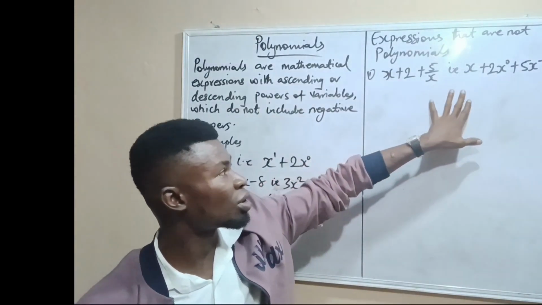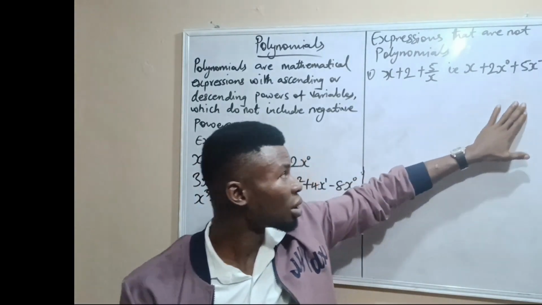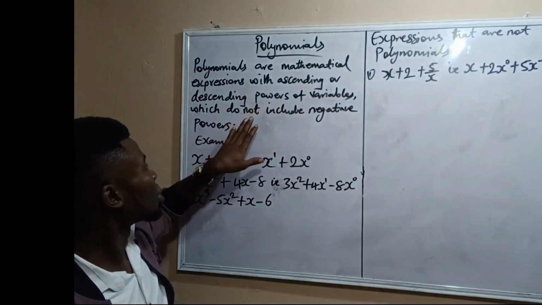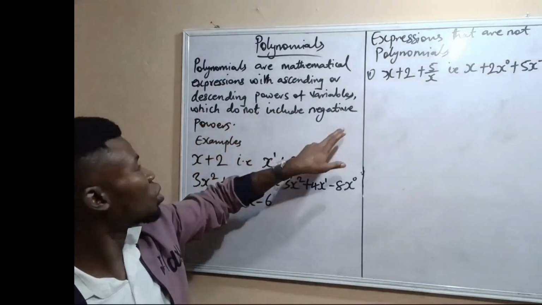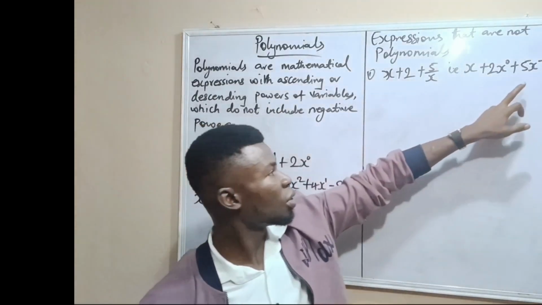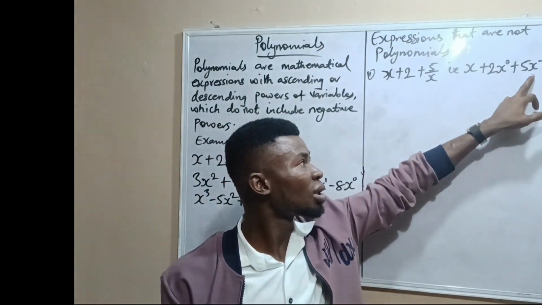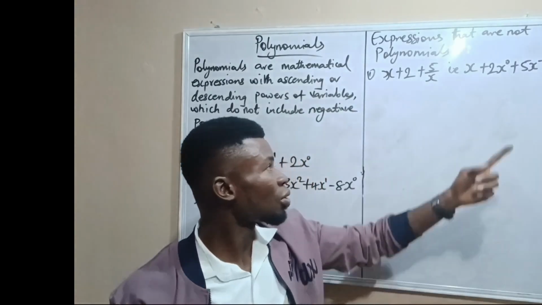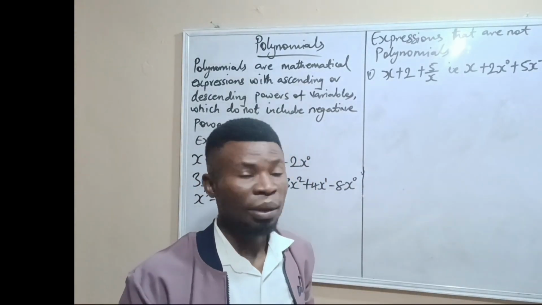This expression is not a polynomial. You know why? It says which do not include negative powers. But if you look at the last one, it has the power of minus 1. That's why this expression is not a polynomial.